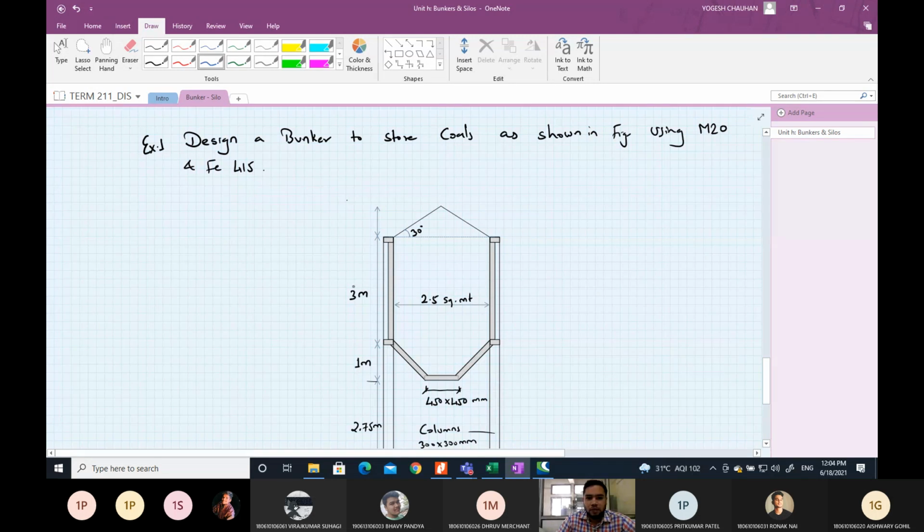So as a preliminary design, you have to freeze all these dimensions and then carry out the design, and if it satisfies, then your design is okay. Make sure that the dimensions you are setting in the preliminary dimensioning satisfy the capacity requirement.